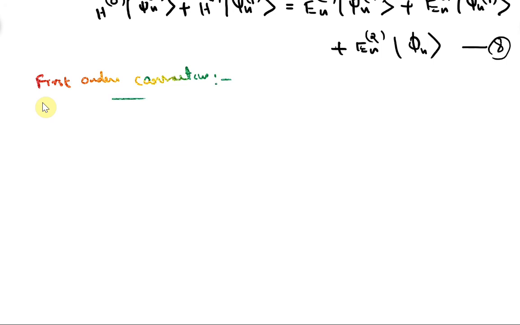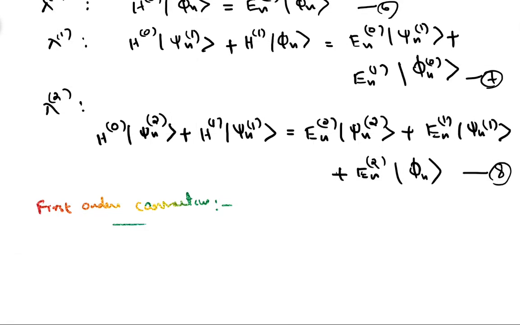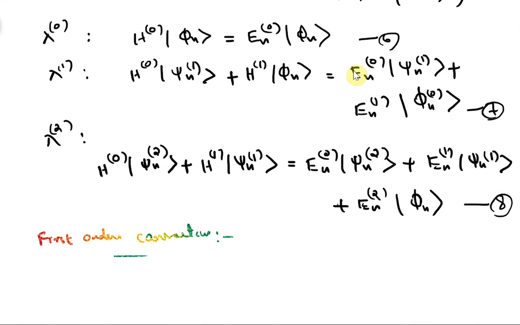So to do the first order correction, let's see these equations. Where is this first order energy term coming in? This is the Hamiltonian part, energy part. First order correction is coming here, right? Energy En1. En1 is multiplied with phi n.